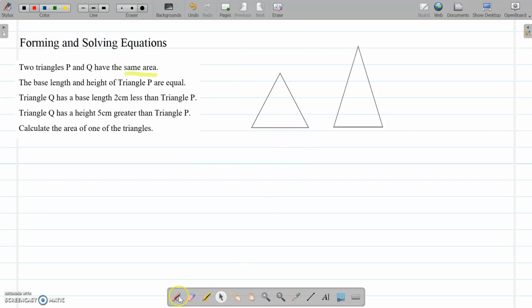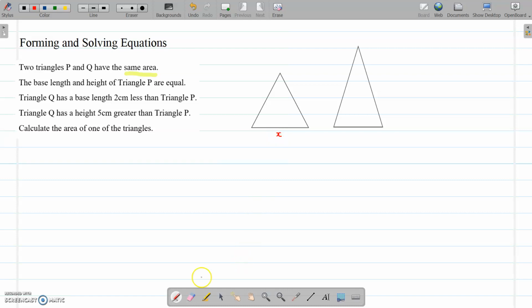Okay, so let's put some dimensions onto here. The first thing I'm going to do is introduce a variable to represent the base length of the small triangle P, and I'm going to call this x.